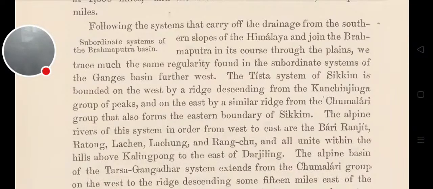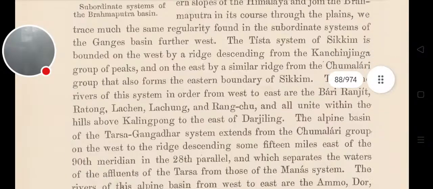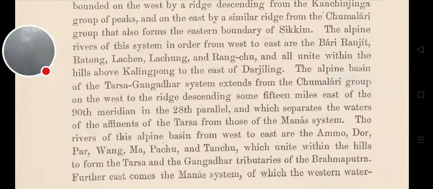The Teesta system of Sikkim is bounded on the west by a ridge descending from the Kanchenjunga group of peaks, and on the east by a similar ridge from the Chumalari group that also forms the eastern boundary of Sikkim. The alpine rivers of this system in order from west to east are the Bari Ranjit, Ratong, Lachen, Lachung and Rangchu, and all unite within the hills above Kalimpong to the east of Darjeeling.